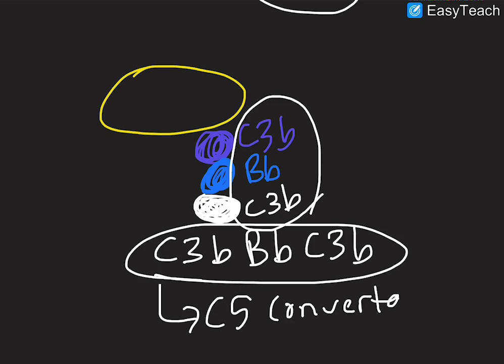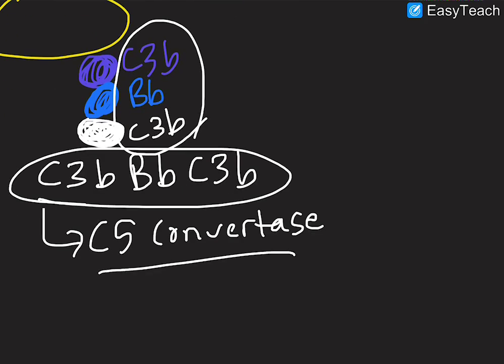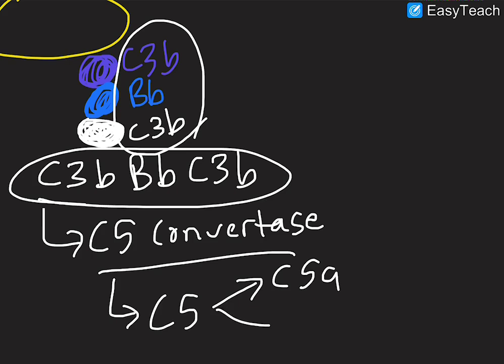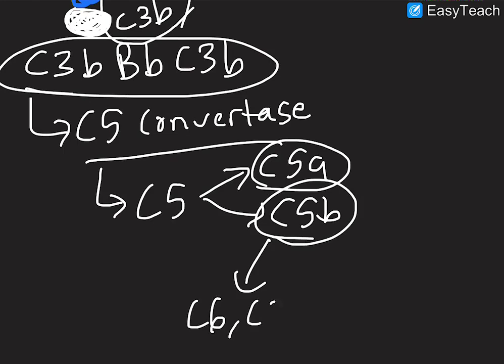And we already know what C5 convertase leads to, right? C5 convertase converts C5 into C5a and C5b. We know C5a induces inflammation and attracts and activates neutrophils. C5b goes on and binds onto what? C6, C7, C8, C9.